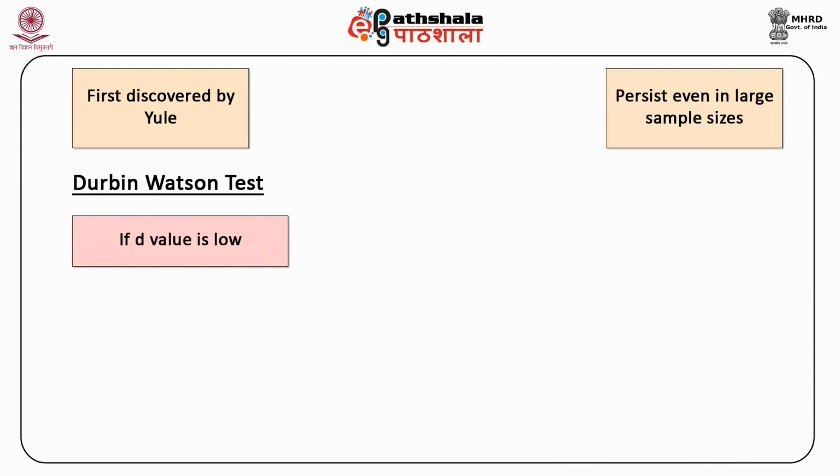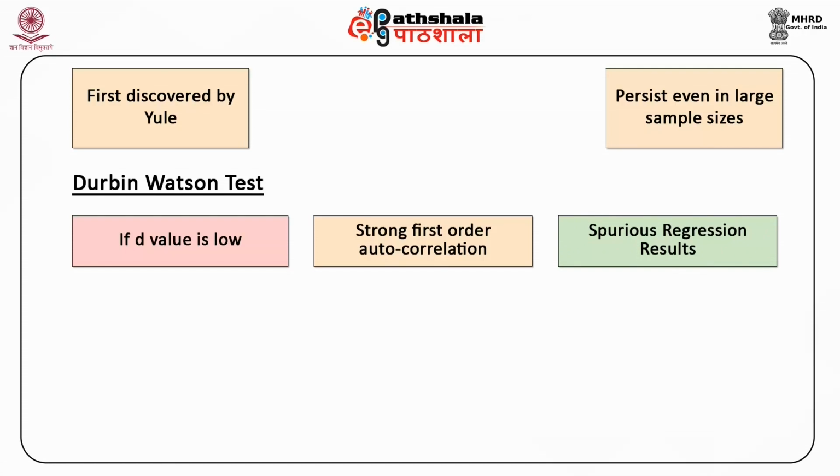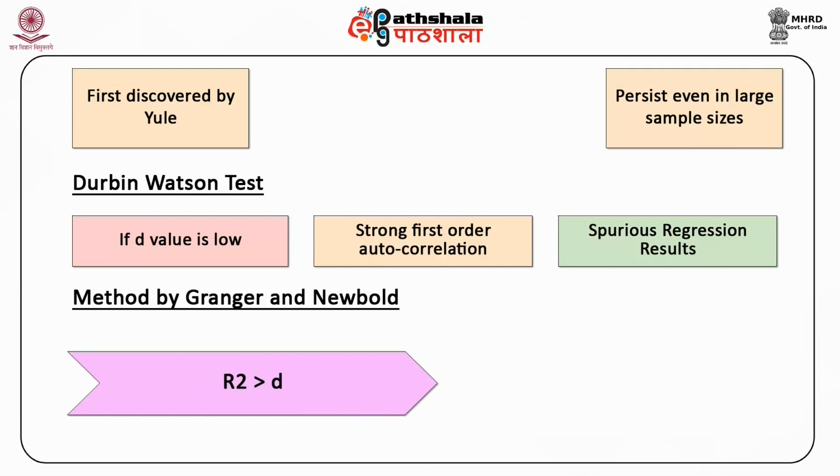If the value of d is very low, then there is a strong first order autocorrelation and hence spurious regression would occur. A second method of judging the spurious regression was suggested by Granger and Newbold, saying that if r square is greater than d, then the estimated regression is a spurious regression.